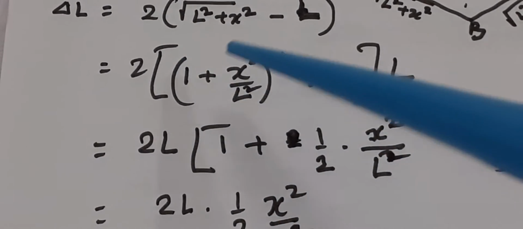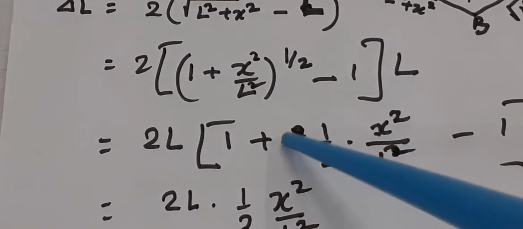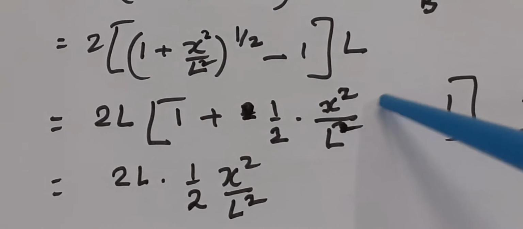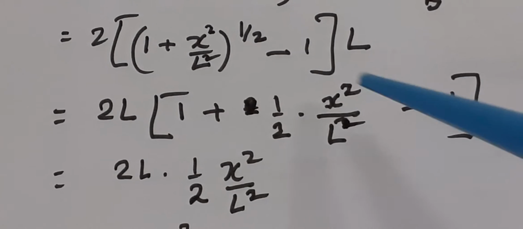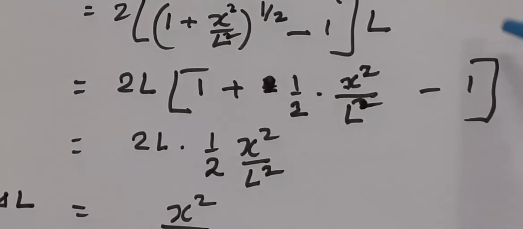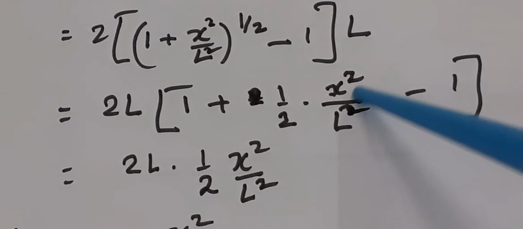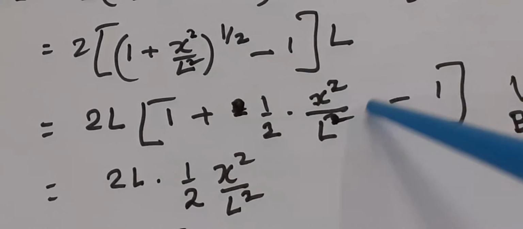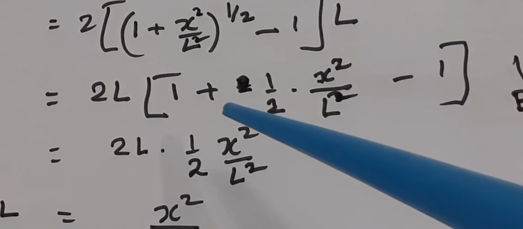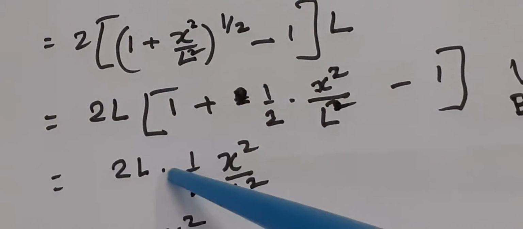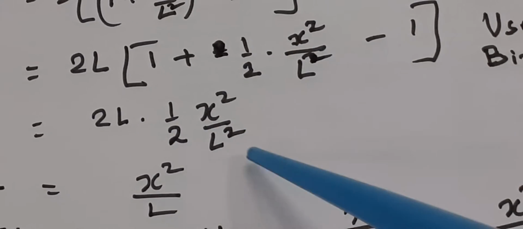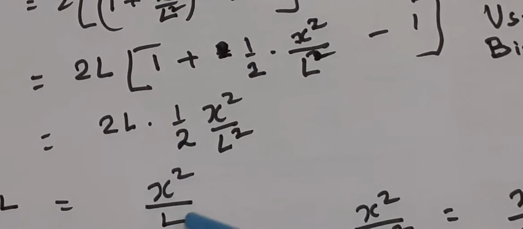If you use binomial, then 1 plus half x square by L square comes as usual, and higher terms, x to the power 4 by L to the power 4 and so on. These higher terms can be neglected because this ratio itself is very small, minus 1. So simplifying, 1 is gone, 2L multiplied, the 2 cancels, and we get x square by L.